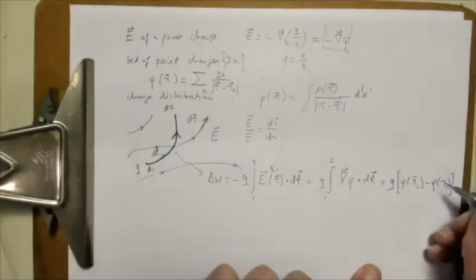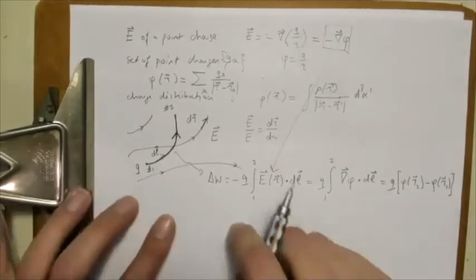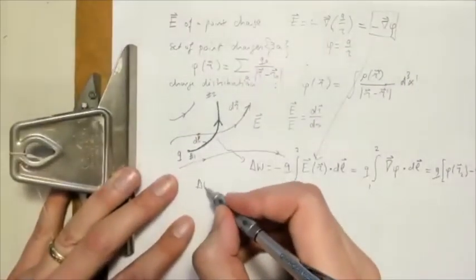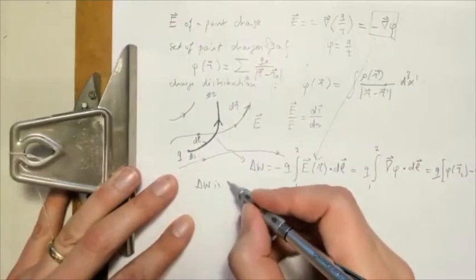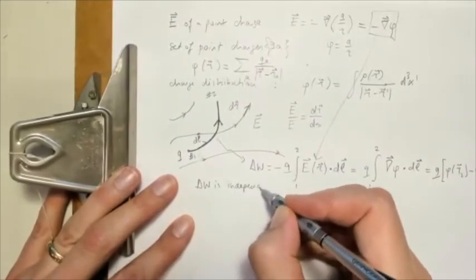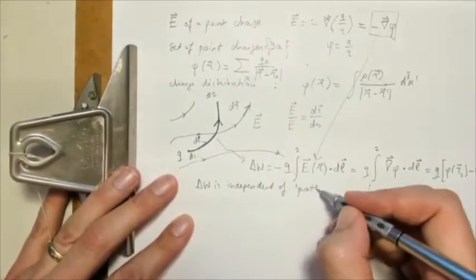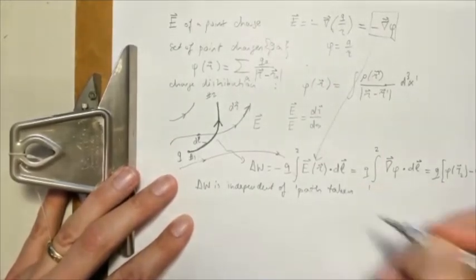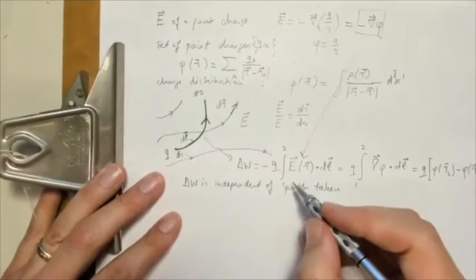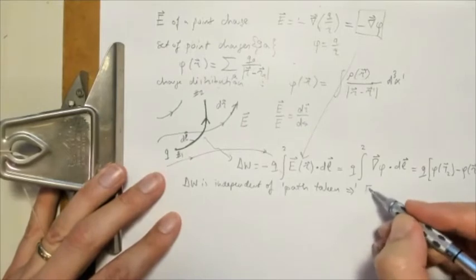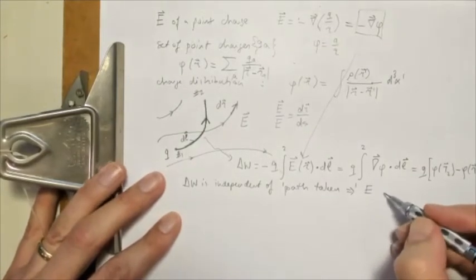Sorry, these are vector quantities, obviously. So delta W is independent of the path taken. Okay. And therefore, the electric field is conservative.